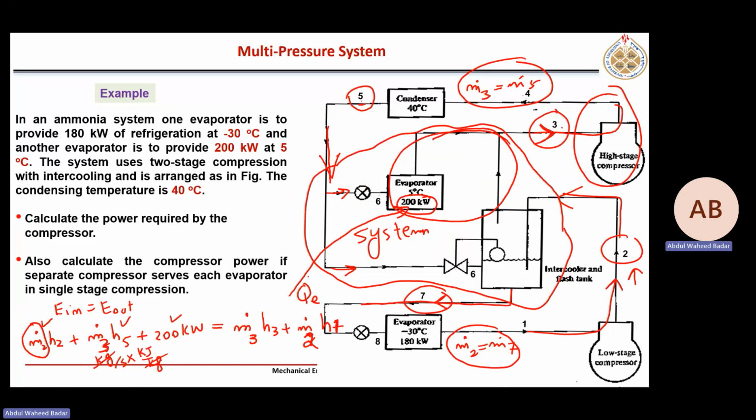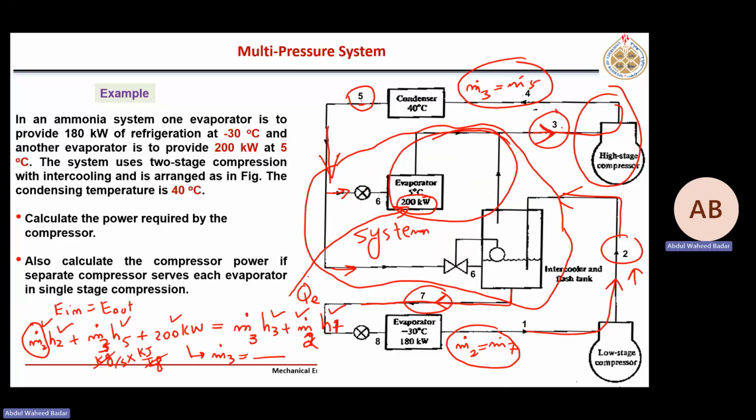Okay, so now in this equation, enthalpies are already known. M dot 2 is known. Only unknown here is m dot 3. It's the only unknown. You do not need mass balance. Only energy balance can give us the unknown m dot 3. This is the only difficult step in this chapter.